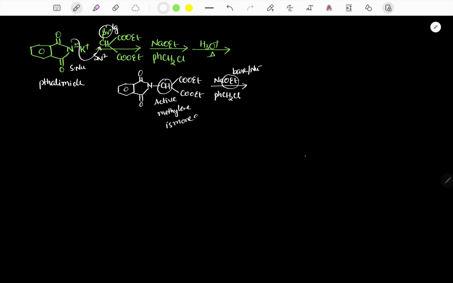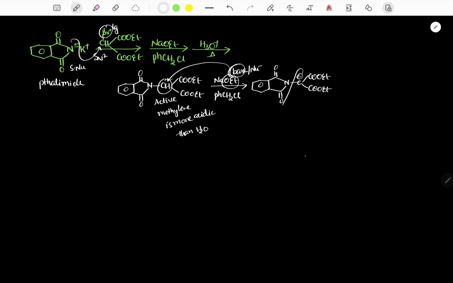Therefore OEt minus acts as a base, and here an acid base reaction takes place, and the corresponding nucleophile will be generated.